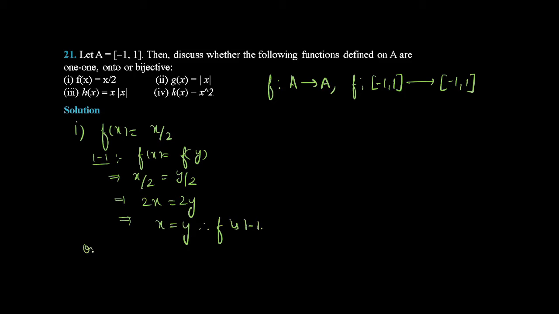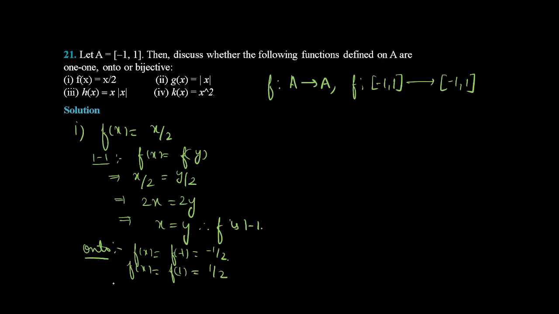Okay, now next I will check for the ontoness. Is it onto or not? For onto, now for x is equal to -1, f at -1 will be -1 by 2. And if x is equal to 1, then fx will be 1 by 2.